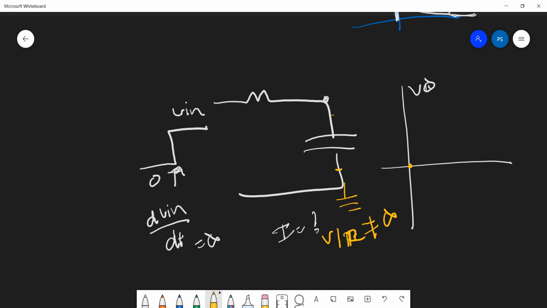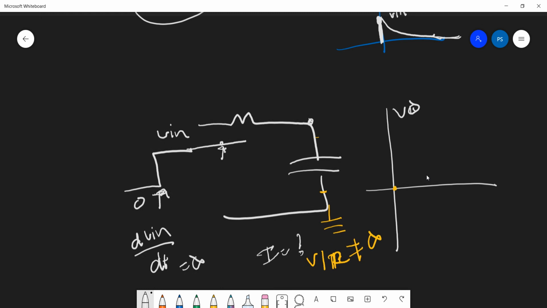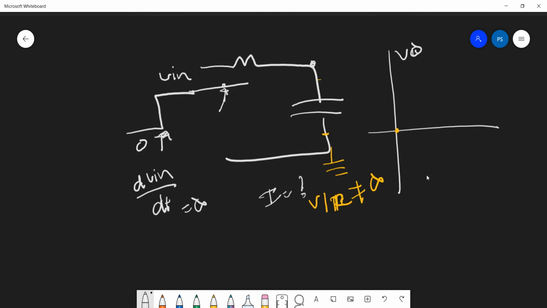Now what would happen at a very long time? At this point, what happens to dVin by dt? Is there a change in the input? No, the differentiation value turns out to be 0. It means that you are not exciting your system with any input change, so it just has to settle.